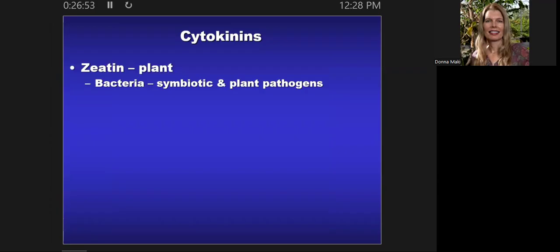But the plant makes the zeatin version of cytokinin, and bacteria can make that too, both good and not so good bacteria that hang out with the plant. Fungi can make it too, even some insects. So if you've ever seen galls on stem or branch tissue, some galls look like tumors.